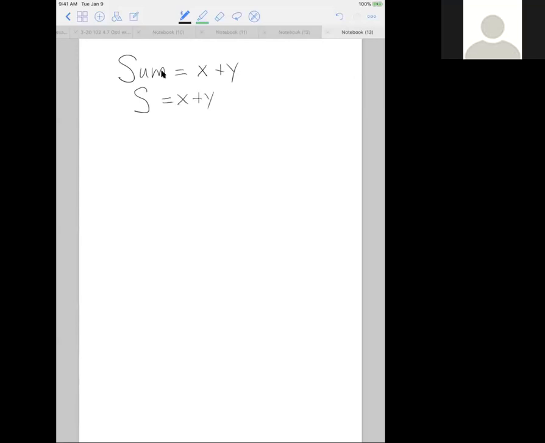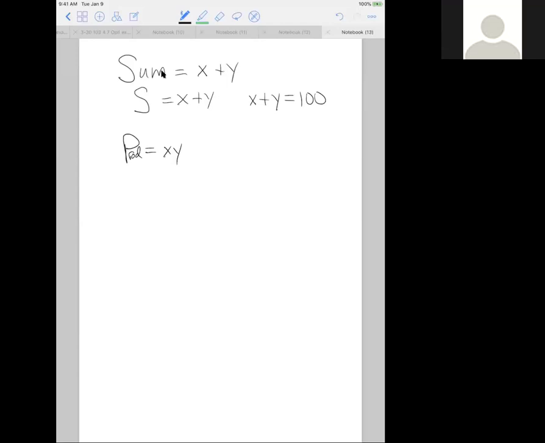And then we've got a product of those same 2 numbers, X and Y. So product equals X times Y. And we're given that the sum is equal to 100. So X plus Y equals 100.